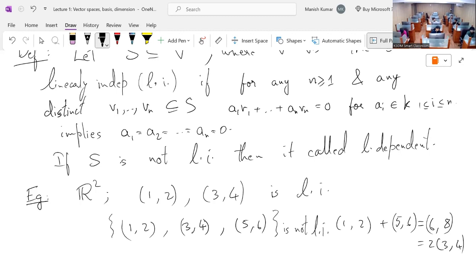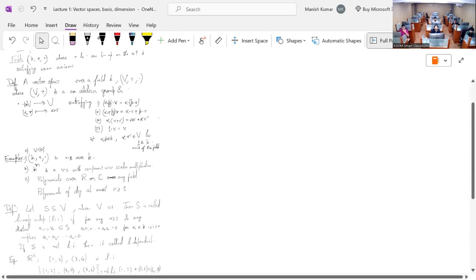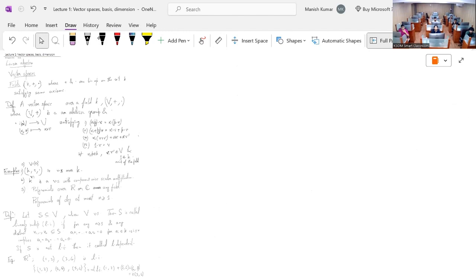Okay, so I'll assign some homework problems on how to check whether something is linearly independent or not, which might be more like a review for you, rather than delving too much into what linear independence means. I think most of you may be familiar with it. So I'll go to the next step to define what a basis is.